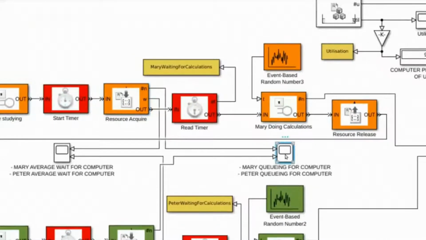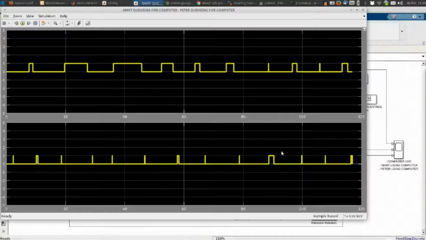So let's check. Here we have Mary waiting, Mary waiting, Mary waiting about 10 minutes. You remember 8 minutes, 10 minutes. Mary is waiting for what? Is waiting for Peter to leave, to release the resource, okay, the computer.